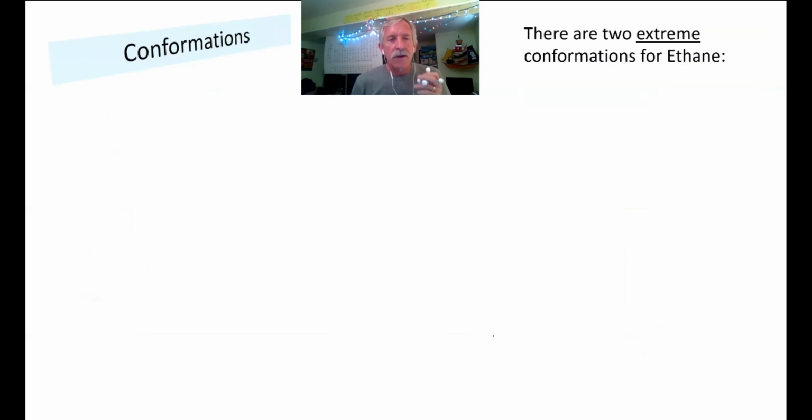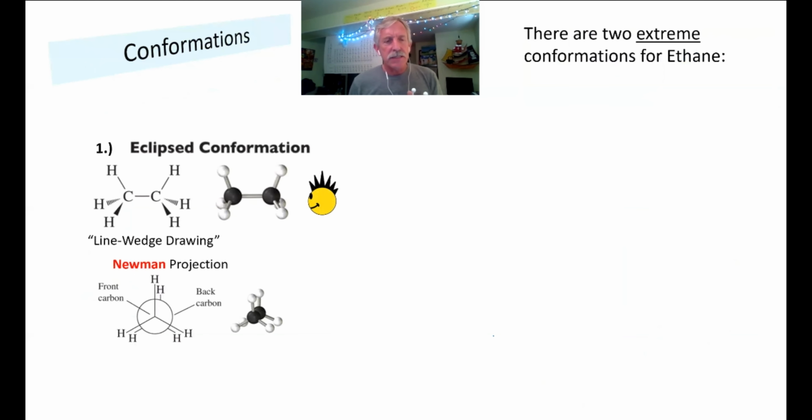When we're looking at ethane, there are really two extreme conformations that this molecule can take, with orienting the hydrogens around the two carbons. The easiest way is to use little smiley faces to take your stick and line drawings that you have here, which should be familiar to you, and transfer it to a model that looks like this.